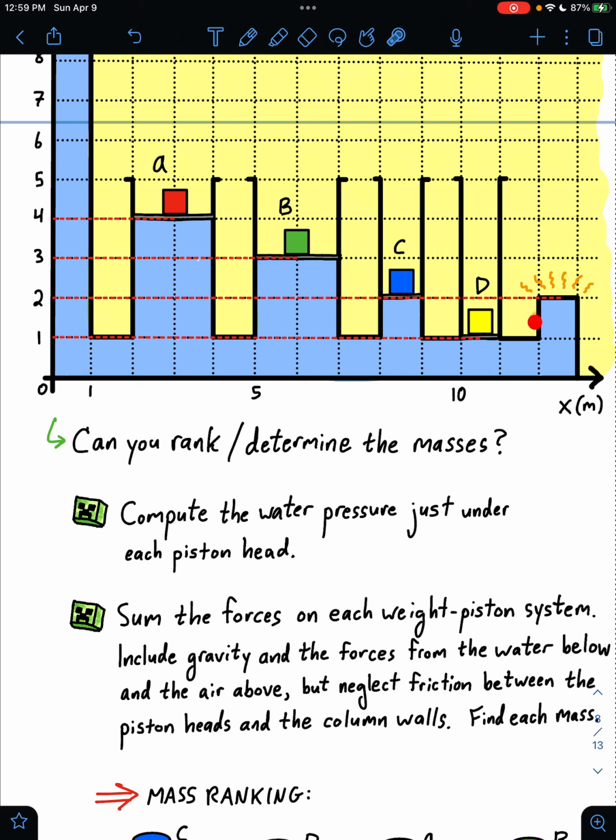And if you don't have a 10-ton mass here, then you just need a construction capable of providing that much downward force to seal this very highly pressurized pipe right there.